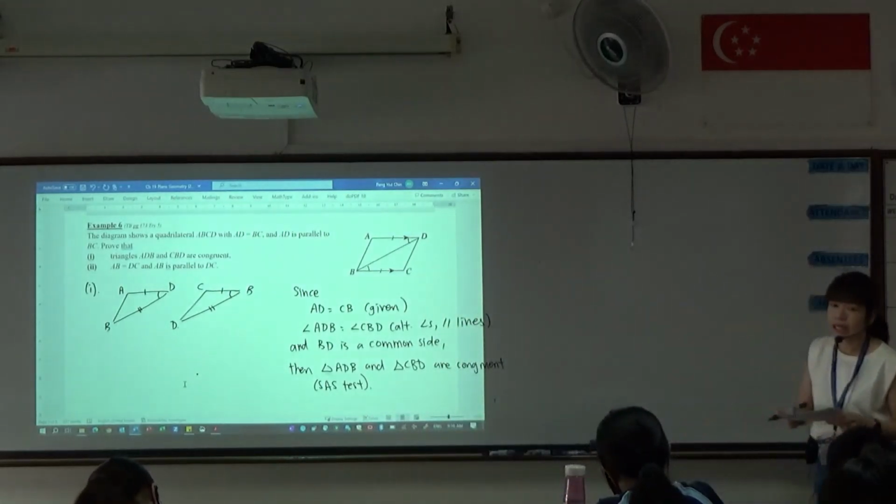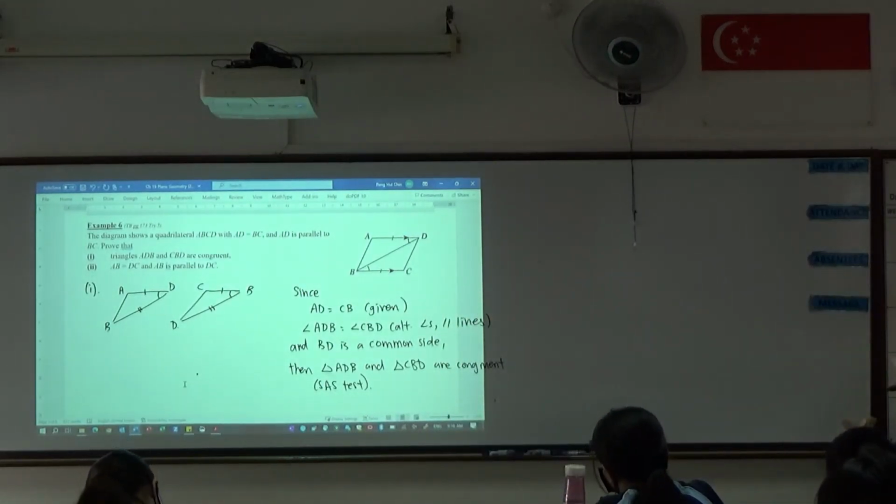The SAS test will help us to show that the two triangles are congruent.